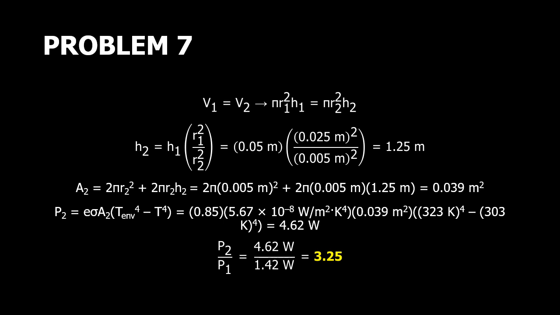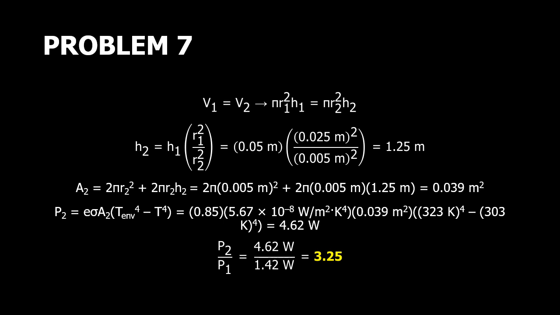Next, we find the surface area of the stretched cylinder, which is equal to 0.039 square meters. Again, you will use the Prevost law of heat exchange. This time, you will just change the area to 0.039 square meters, and that is equal to 4.62 watts.